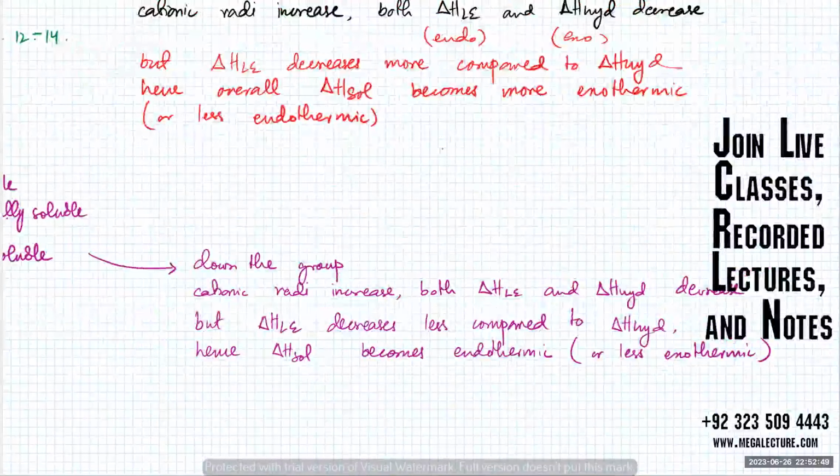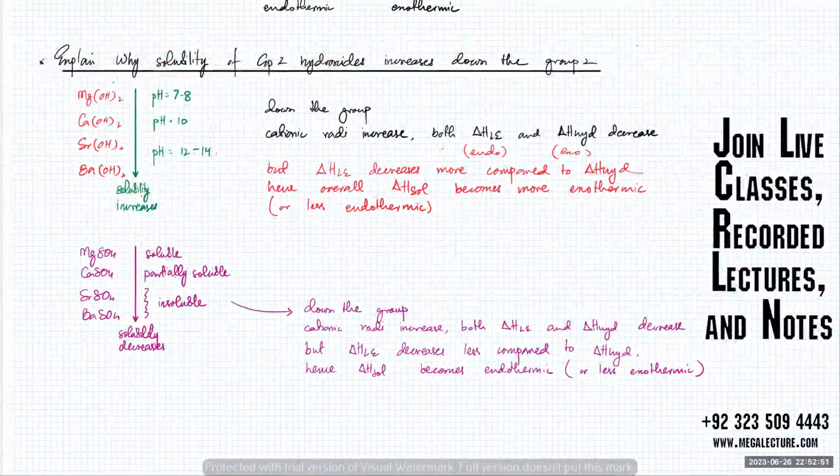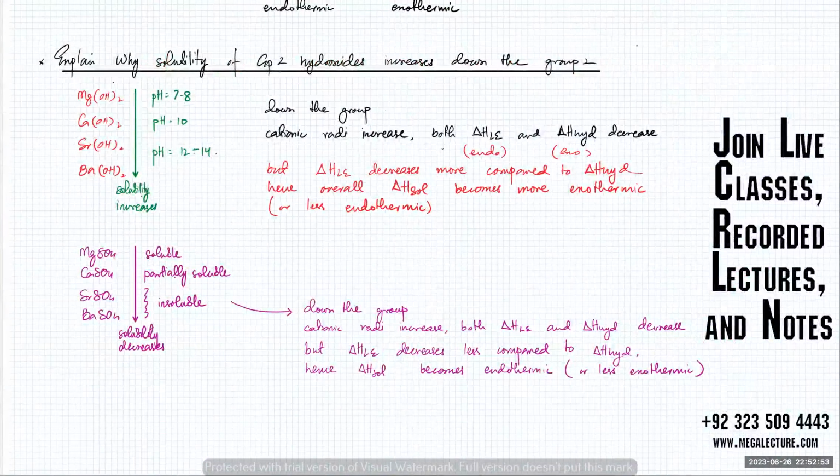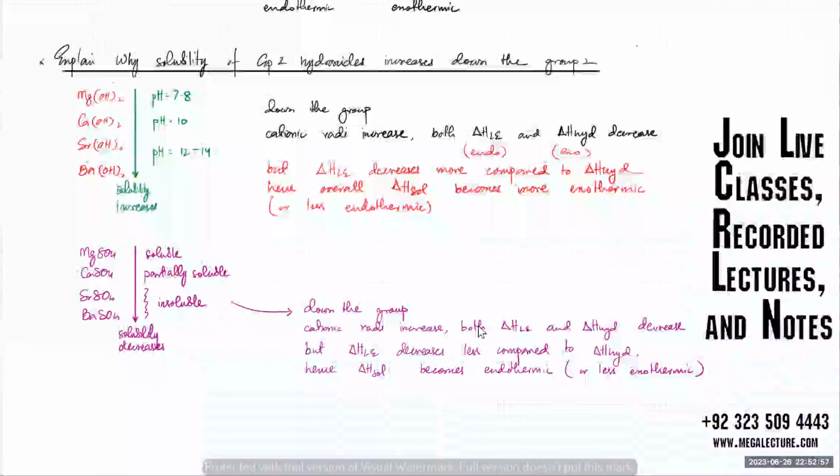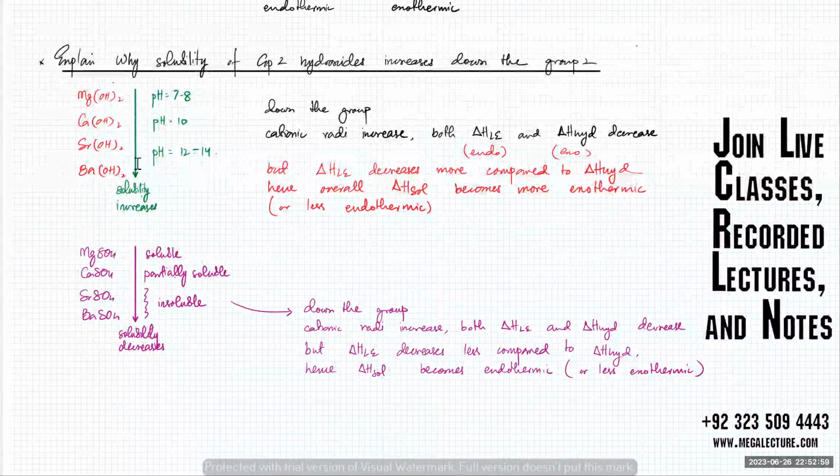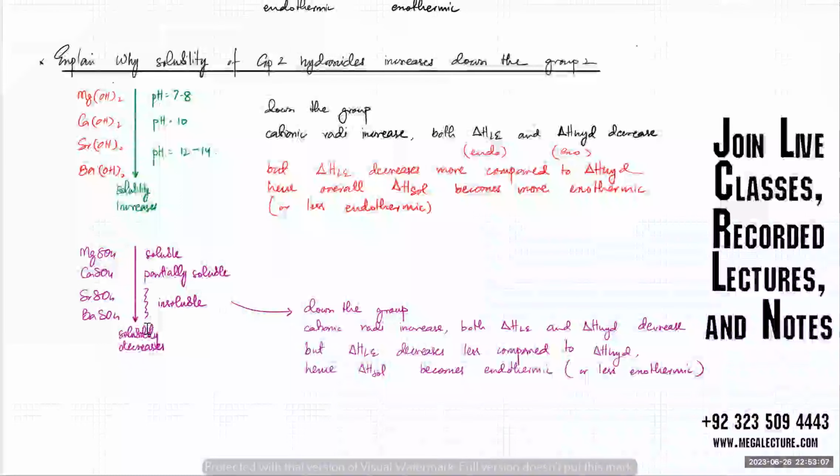You have to remember or memorize this. These statements are the same every time, except for the last part, which is the opposite in both cases, because solubility increases down the group, while solubility over here decreases down the group. Is that clear? Yep.